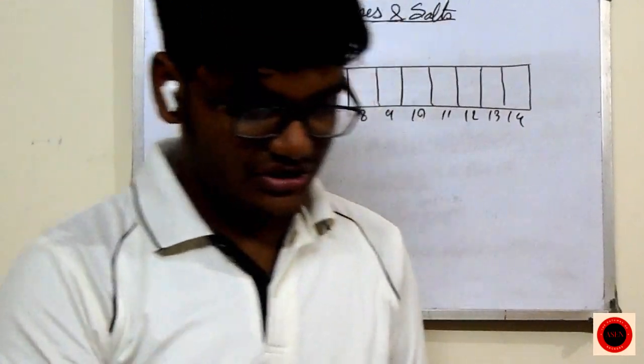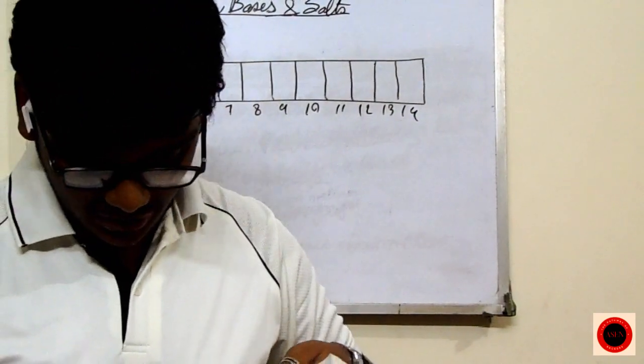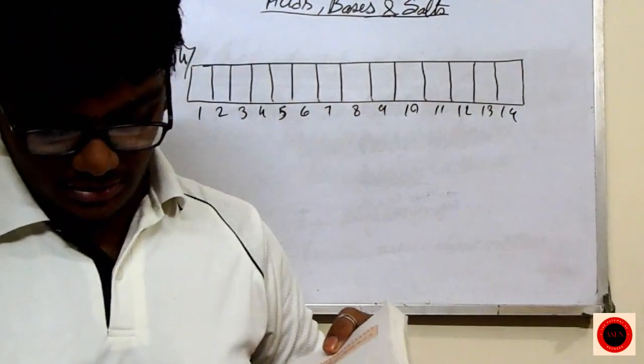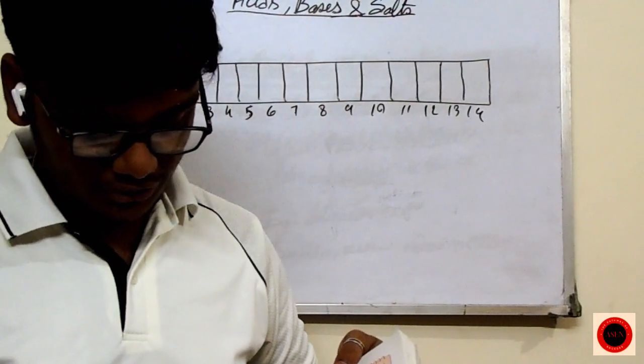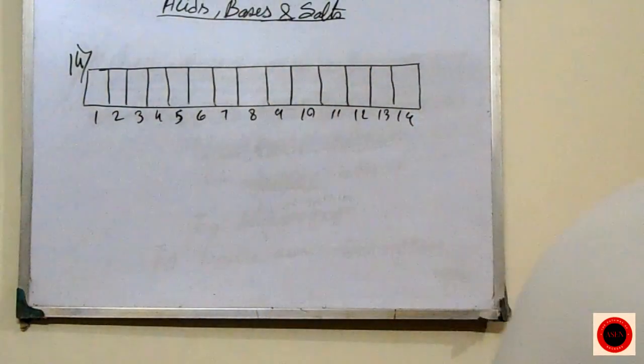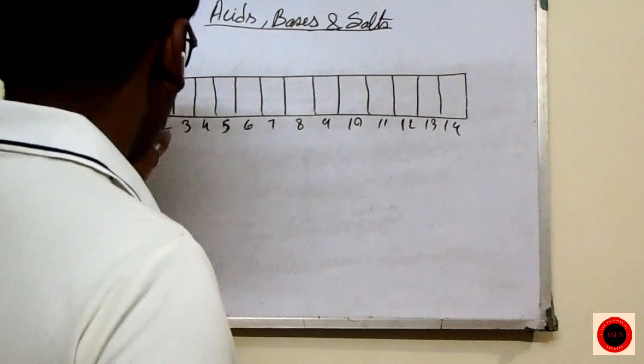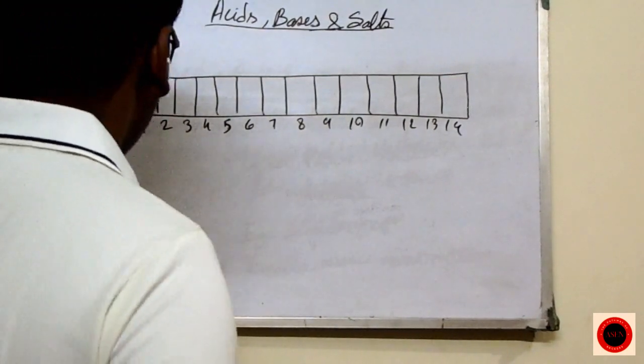This is the pH scale from red to purple. Okay. Red, orange, yellow, green, blue, purple. What does this mean? That is 1.